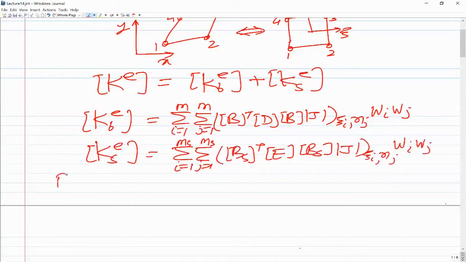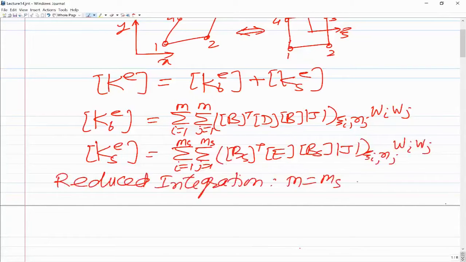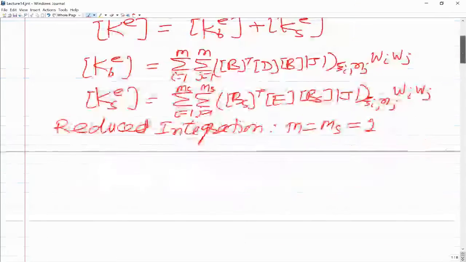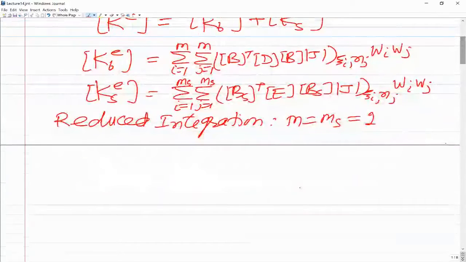And for the reduced integration, we use both m and ms equal to 1, so it's basically one point integration. Of course, in selective integration m is 2 and ms is 1, but in reduced integration m and ms both are 1.